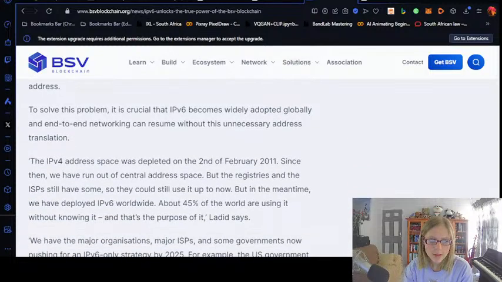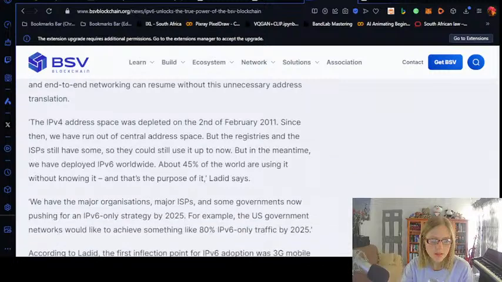To solve this problem, it is crucial that IPv6 becomes widely adopted globally, and end-to-end networking can resume without this unnecessary address translation. The IPv4 address space was depleted on the 2nd of February 2011.